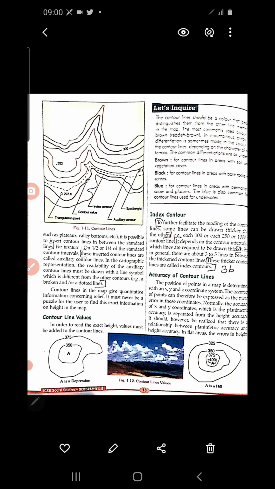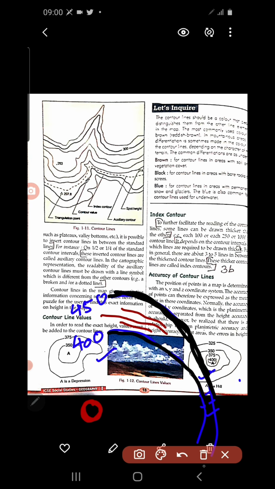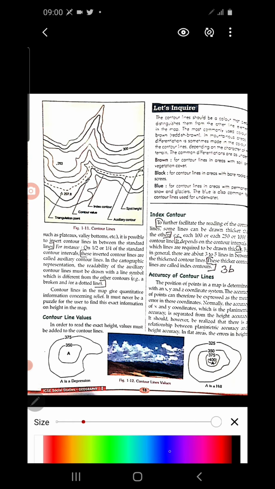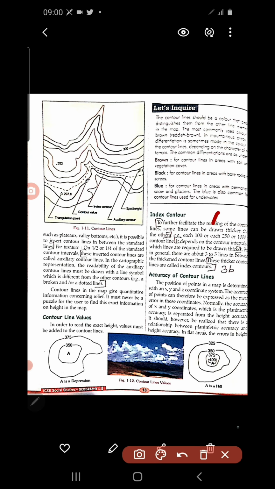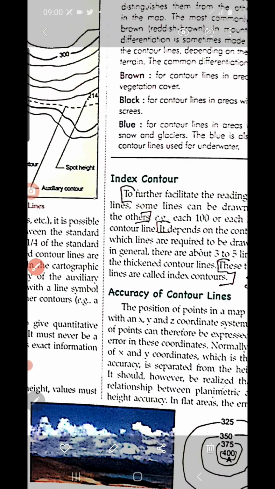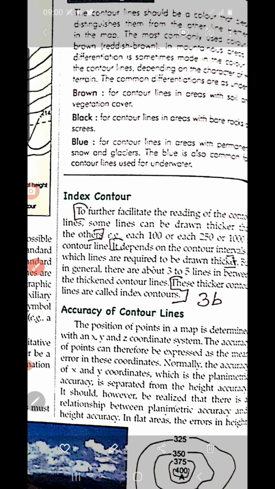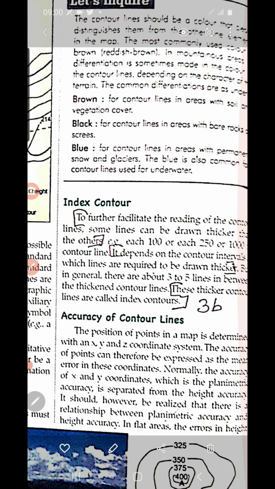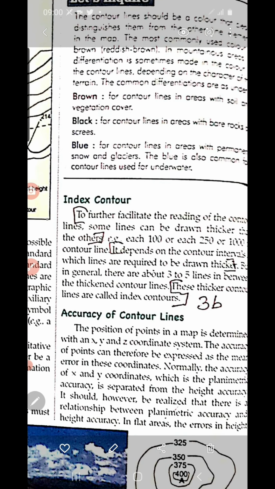Then we discussed index contour, and let's read this part. Index contour, what is that? To further facilitate the reading of the contour lines, some lines can be drawn thicker than the others.